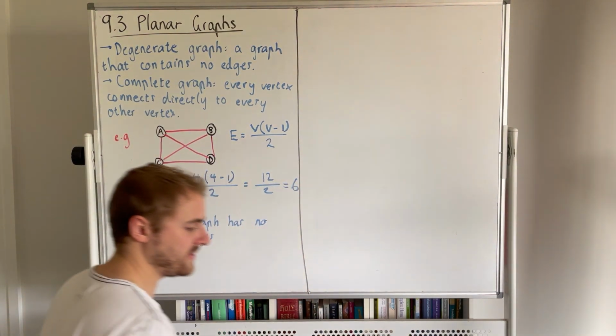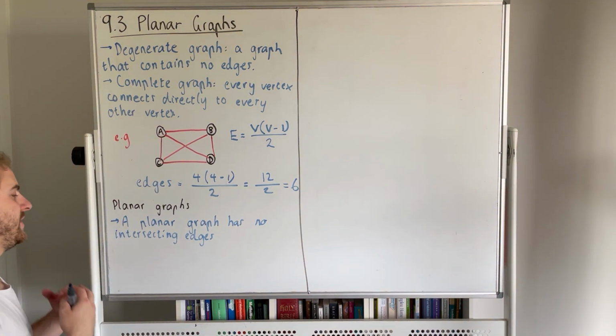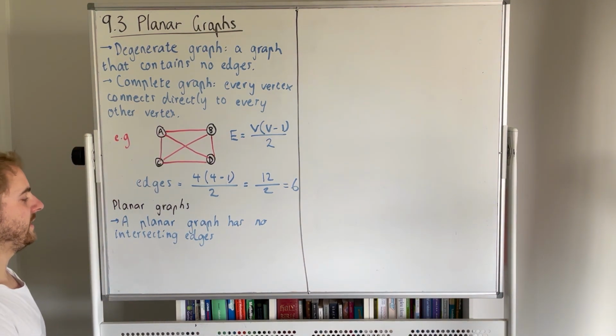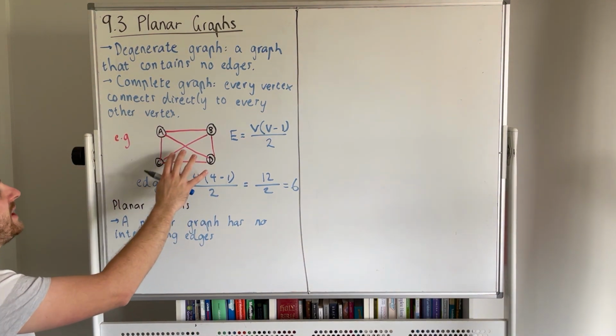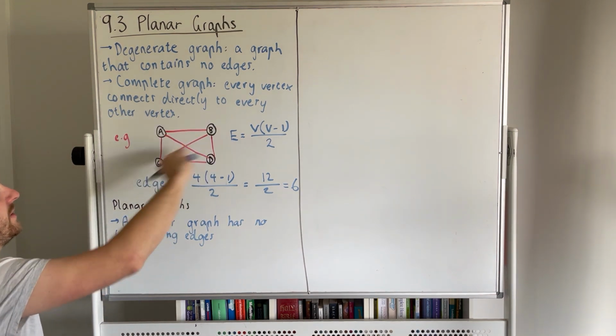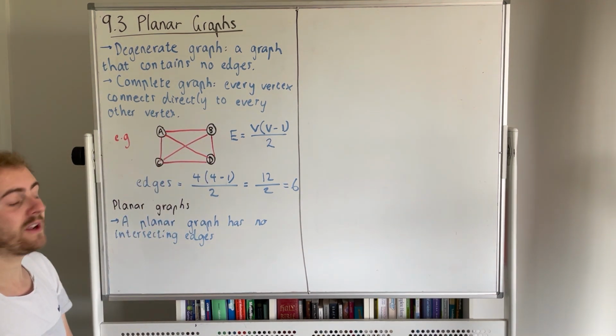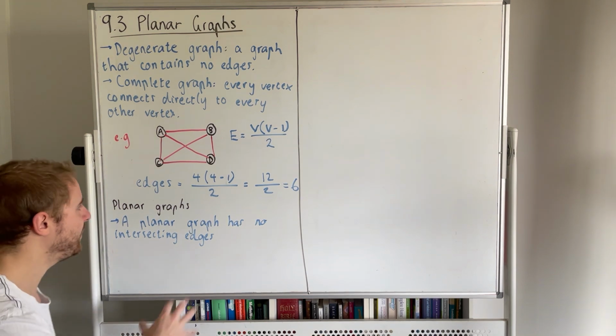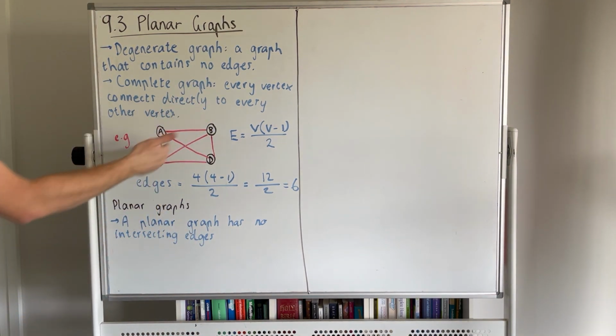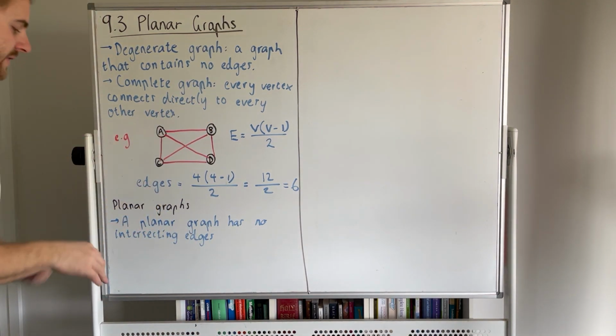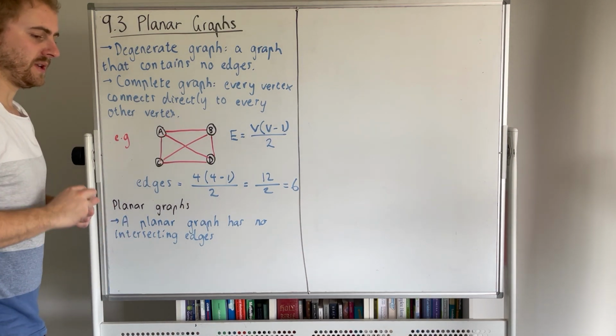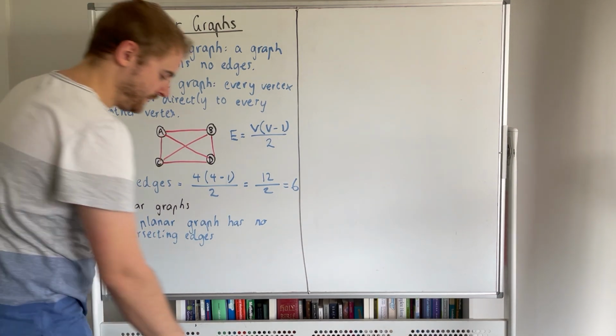So there's no edges crossing over, they are just all non-intersecting. So at the moment this is not drawn as planar because there are edges crossing over. It could be redrawn as planar, which we'll look at in a moment. But at the moment it's not planar because there are edges crossing over. We don't want that when it comes to a planar graph.